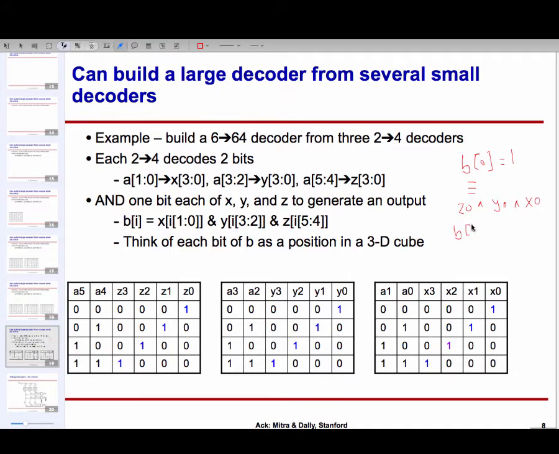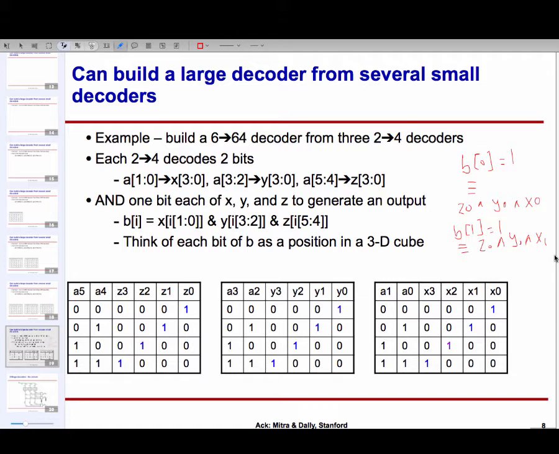Likewise, B1 equal to 1 is the same as saying Z0 and Y0 and X1, and so on and so forth. So I'm always going to pick one out of each one of these decoders and combine them.